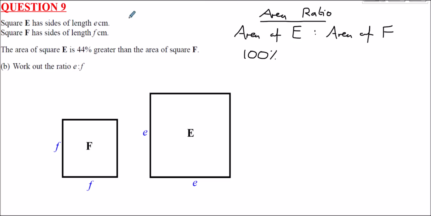The question says the area of E is 44% greater than the area of square F. And so if I have this area of square F as being 100%, then the area of E is the same 100% plus an extra 44% on top.